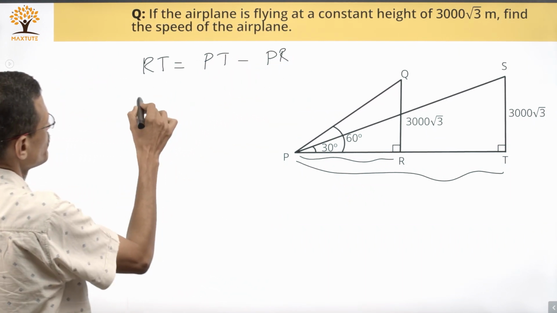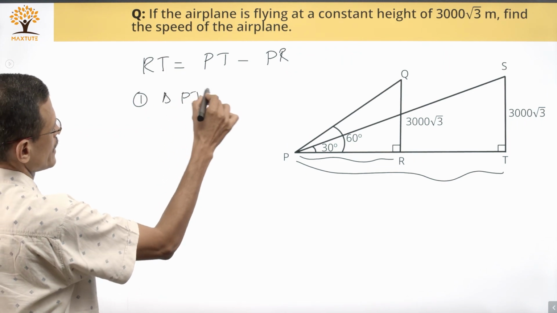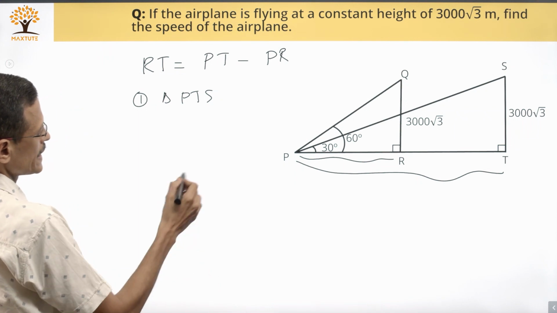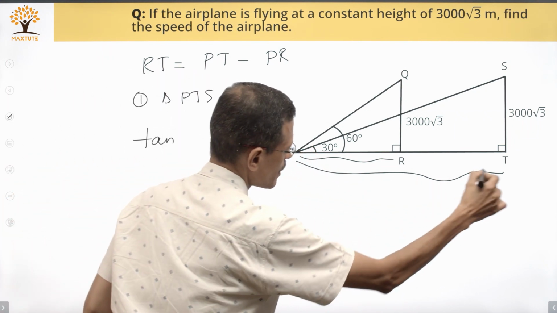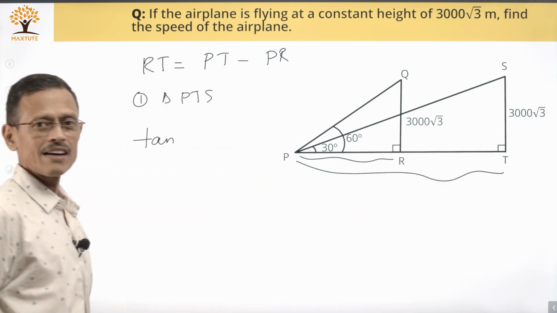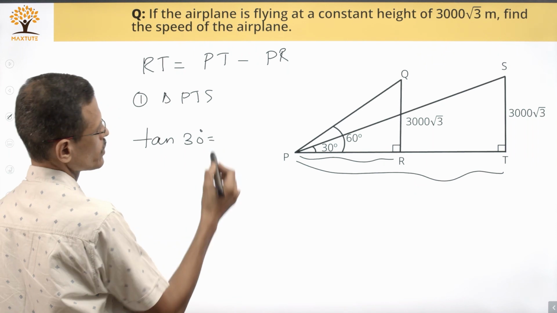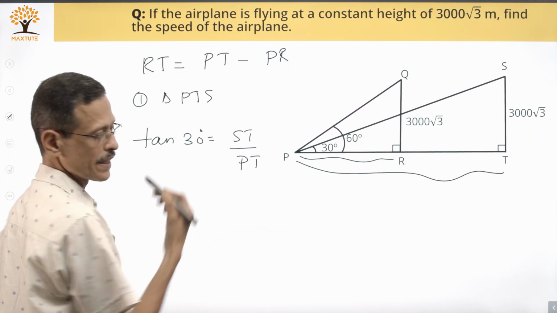Let me start by computing PT. For that, I'm going to look at right triangle PTS. In right triangle PTS, the angle of elevation at P is 30 degrees. I'm going to use tan because we're interested in computing the adjacent side when what we have is the opposite side. So tan 30 degrees is equal to the opposite side ST divided by the adjacent side PT.